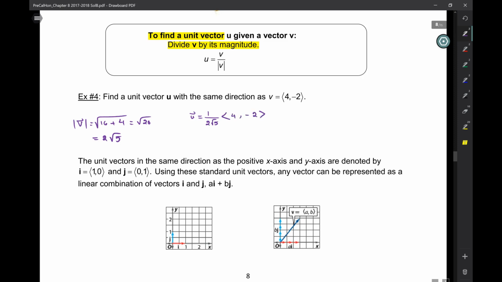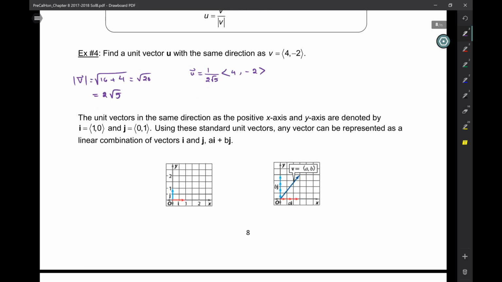Do we see how we're dividing by the magnitude of v? Yes? So, okay, here's what I'm doing. It's (4, negative 2) divided by 2 root 5. Well, we have to separate it now. So u is going to be 4 over 2 root 5, comma, negative 2 over 2 root 5.